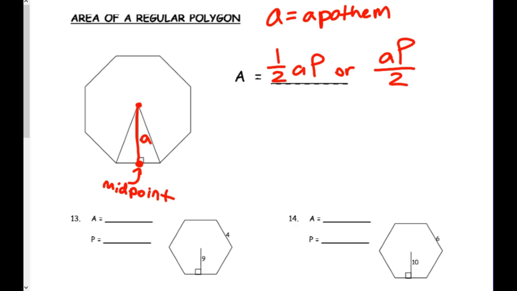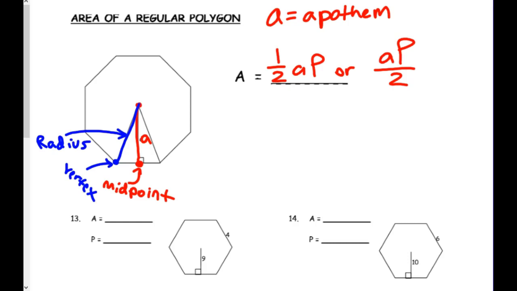Okay? Now, I'm going to do this in blue. A lot of people get mixed up with this. What is this called? So this is going to be kind of weird. I know this is not a circle, but if it goes to a vertex, then that's called a radius. Okay, so does everyone see the difference between an apothem and a radius?